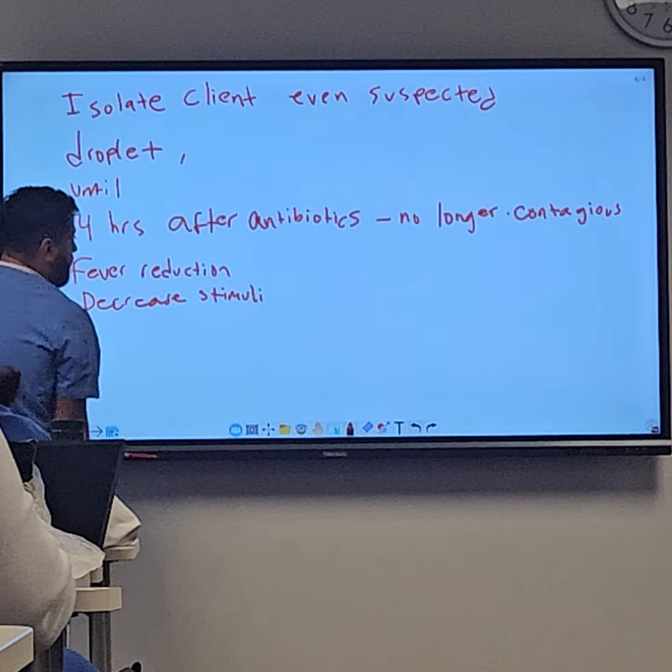Decrease stimuli to keep them comfortable. The next bullet point is a quiet environment. Provide a quiet environment. Minimize exposure to light, whether artificial or natural.